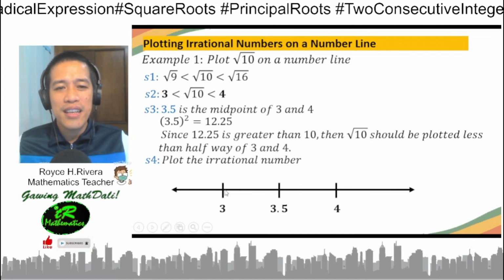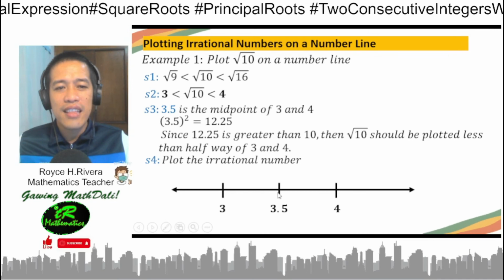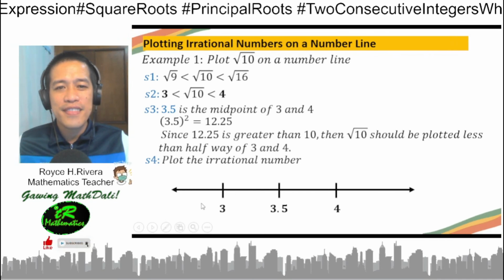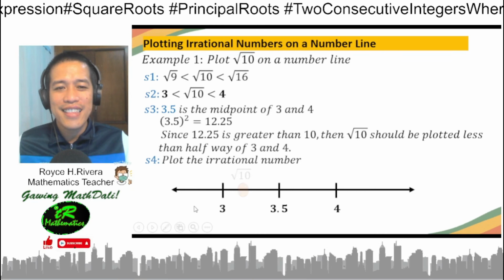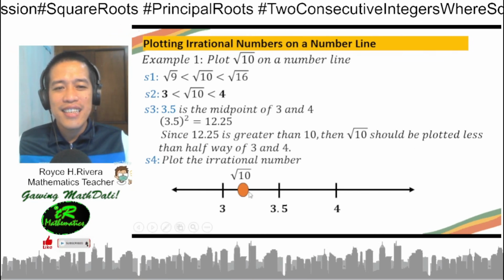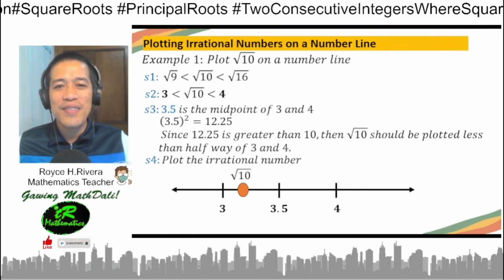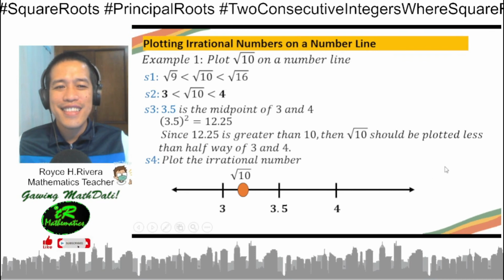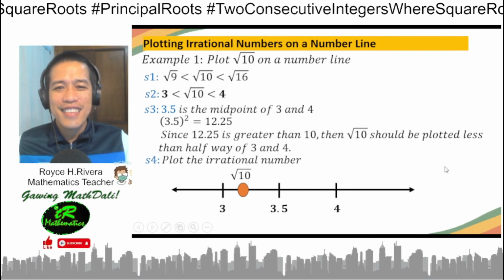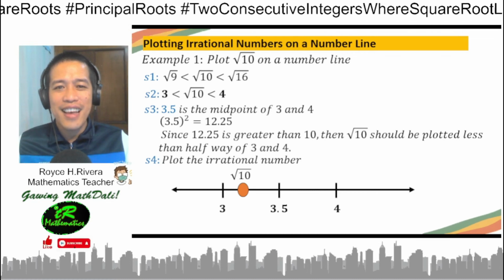So somewhere in this area, in between 3 and 3.5. So ilalagay na natin. Approximately, this is the location or position of the square root of 10. Sana ay nasundan at naunawaan.